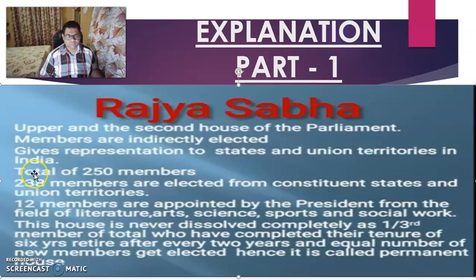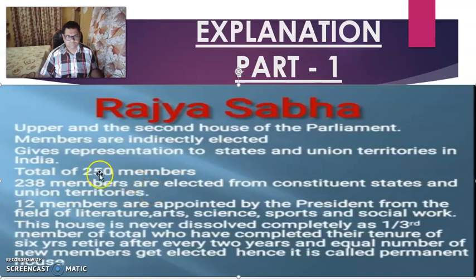A total of 250 members are there in the Rajya Sabha, out of which 238 members are elected from the constituent states and union territories.